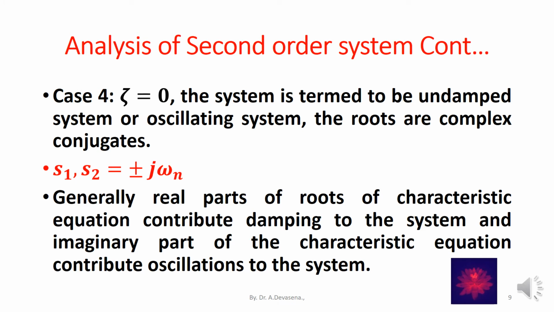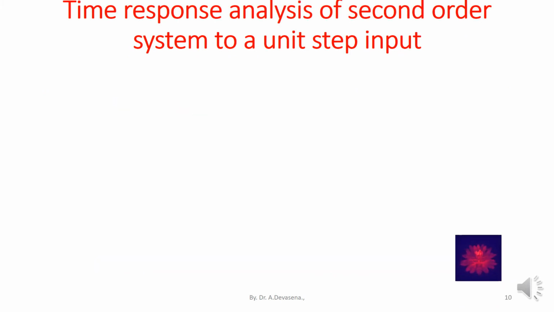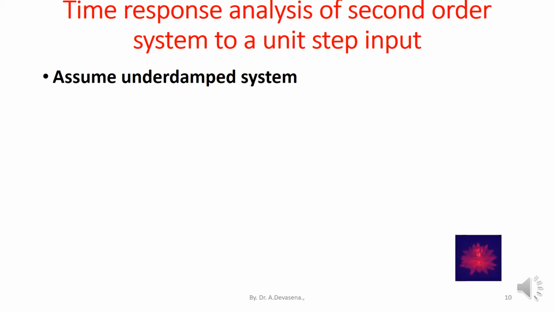Generally, real parts of roots of the characteristic equation contribute damping to the system, and the imaginary part of the characteristic equation contributes oscillations to the system. Time response analysis of second order system to a unit step input. Assume underdamped system, that is the value of zeta is less than 1.